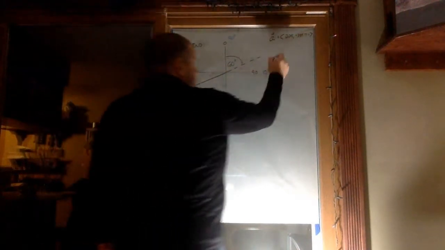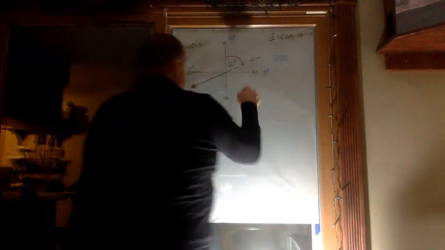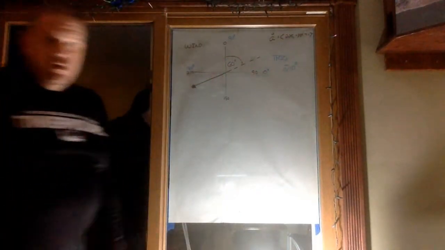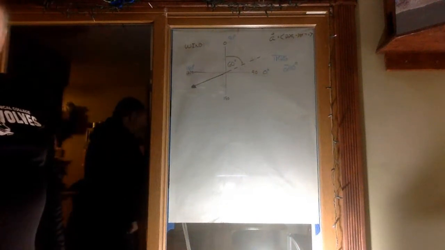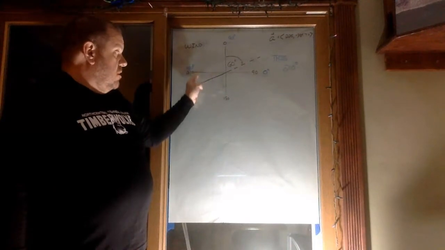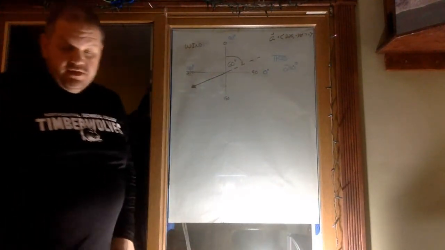So my trig angle is going to be 210 degrees. 0, 90, 180, 30 more, trig value of 210 degrees.